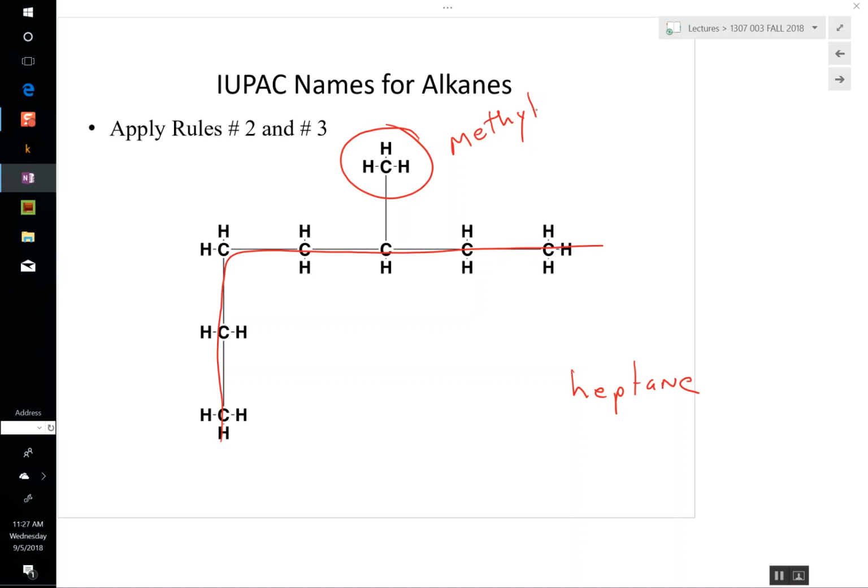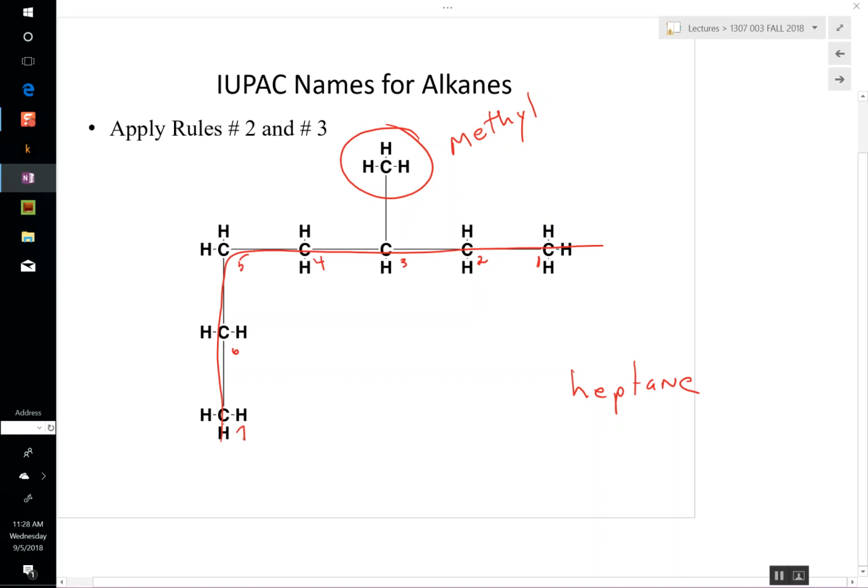If I started counting here, if I said this is 1, 2, 3, 4, 5, I wouldn't get to that methyl group until I got to carbon number 5. So this is not carbon number 1. That's number 1. And when you decide what is 1, it determines what every other carbon in the chain is.